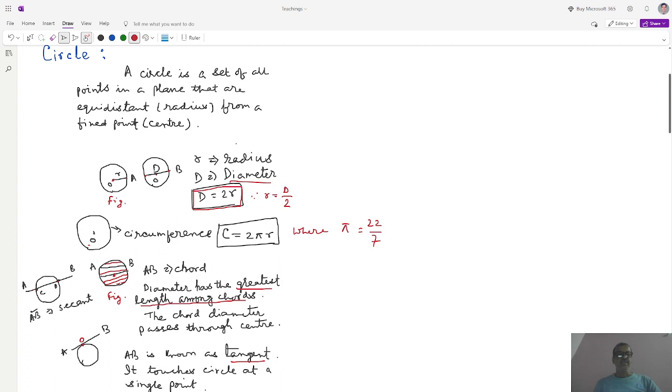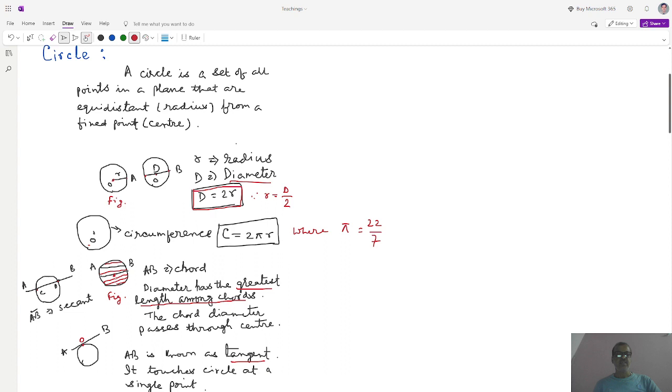A line segment within the circle that touches two different points of the circumference is known as the chord. Here, as you see, AB is a chord of this circle.